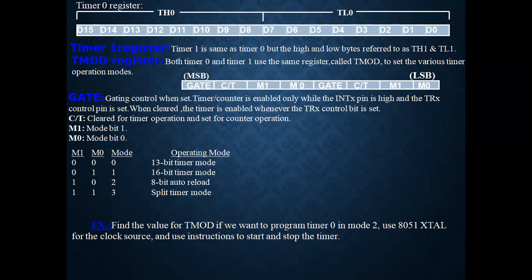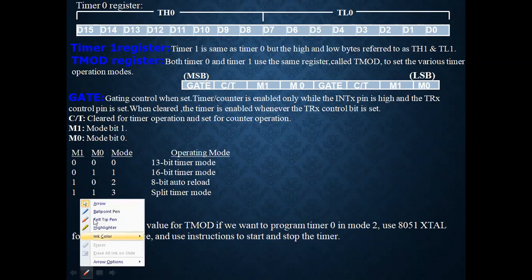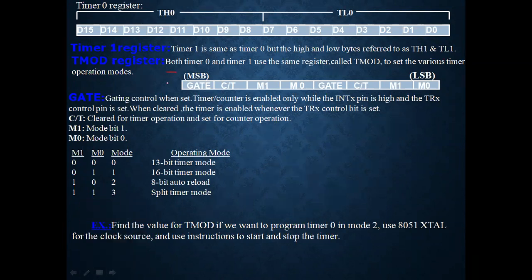You can see the bit pattern of this TMOD register. Go back to the internal RAM structure: the TMOD register is not bit addressable, so it cannot be accessed by bit. We should load the complete 8-bit data into this TMOD register.